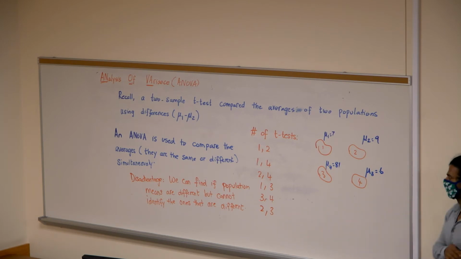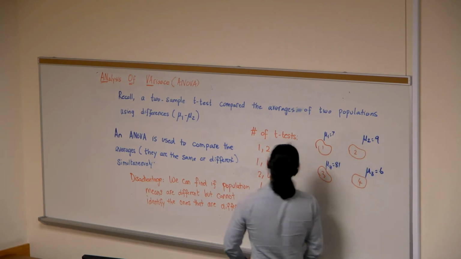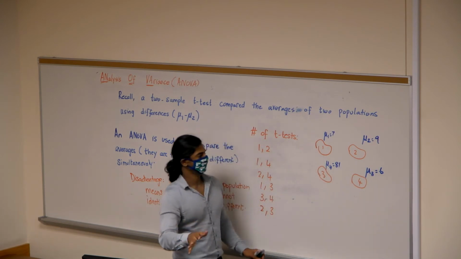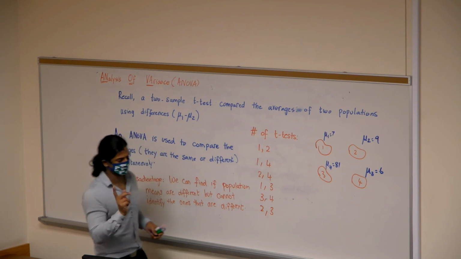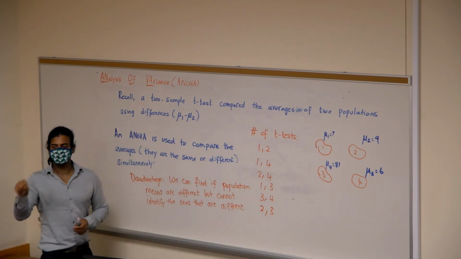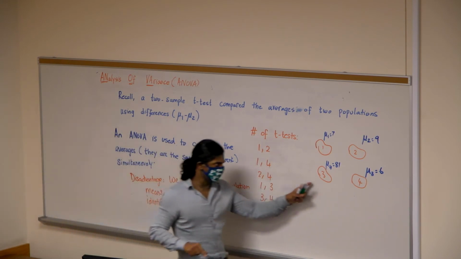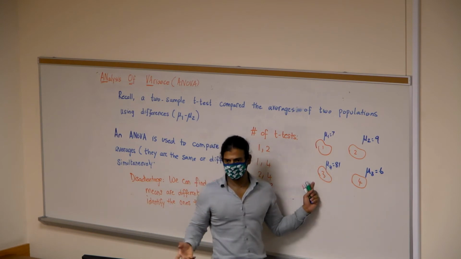If I asked you, are the 4 population means the same or different, what would you say? They are different, right? So an ANOVA can tell you if the means are the same or not. Obviously, mu4 is not the same as the other 3. But it cannot tell you if mu4 is the one that is different from the rest.